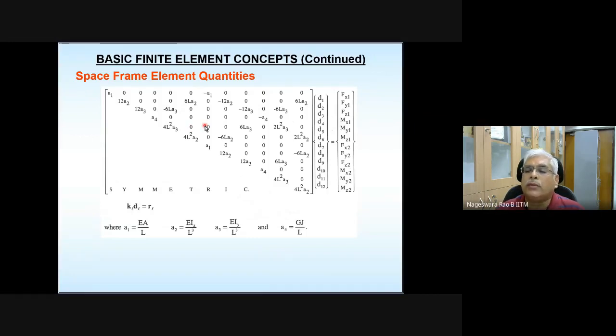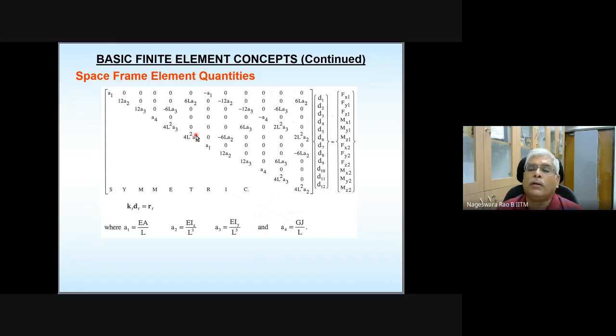You need to multiply the transpose of the transformation matrix, T transpose, times K_L, the 12 by 12 stiffness matrix, times the transformation matrix. And the transformation matrix is also going to be 12 by 12, and it is going to be an orthogonal matrix.